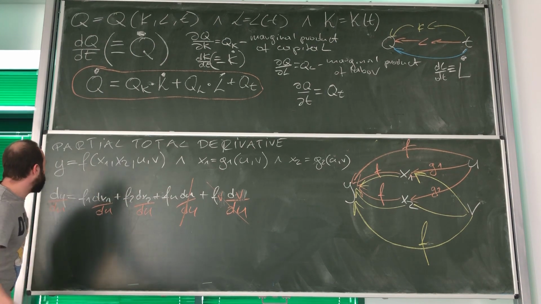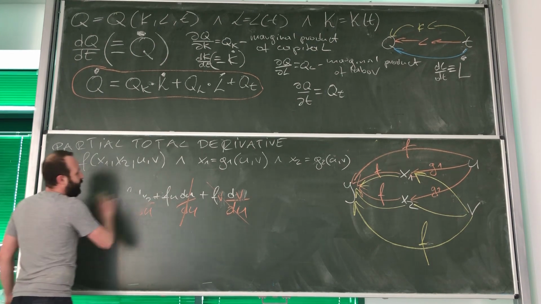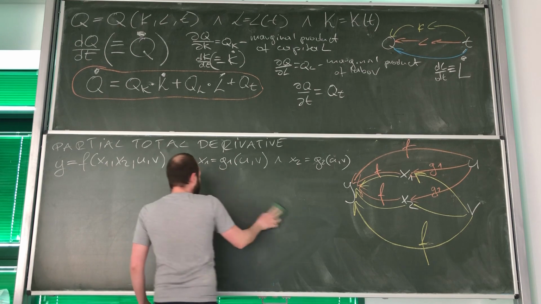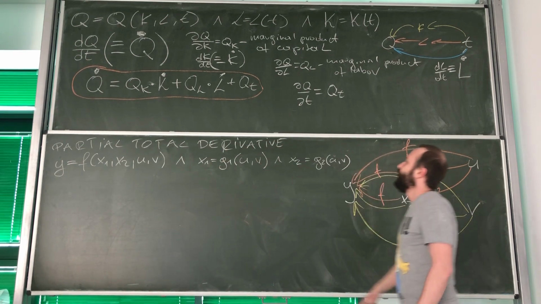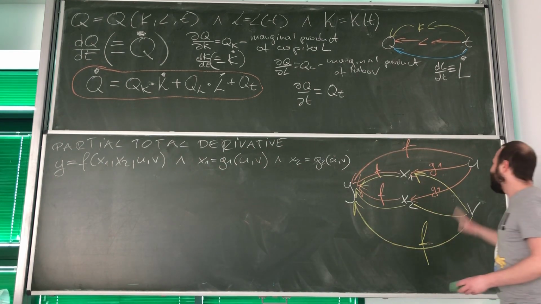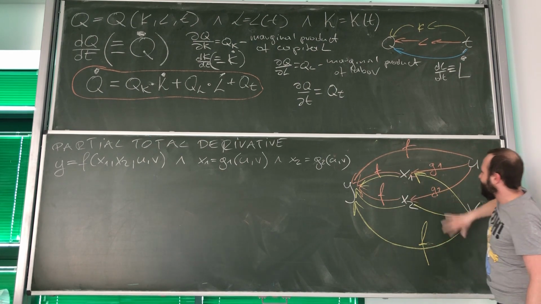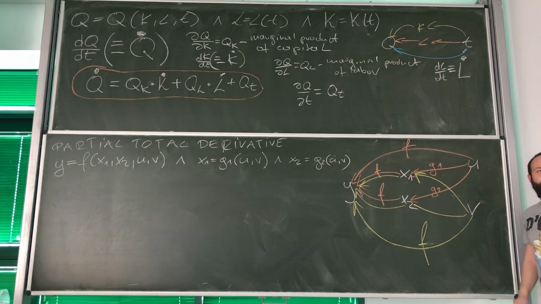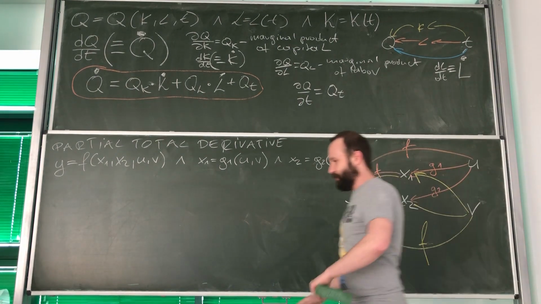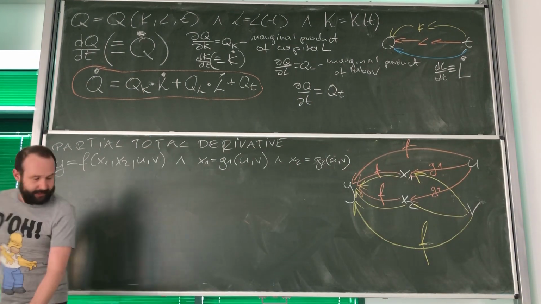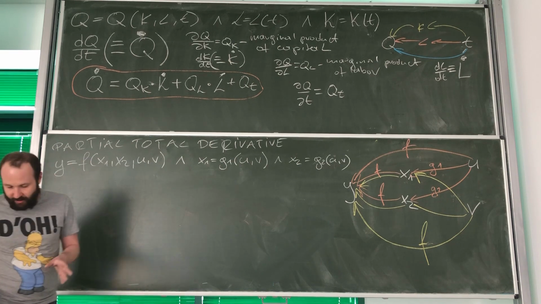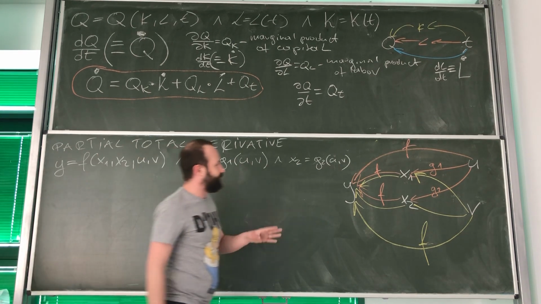So, what do we do to avoid this situation? We still calculate total derivative in the sense that we are capturing all the channels of influence, but it's going to be a partial derivative in a sense that we will assume there is only one source of change.